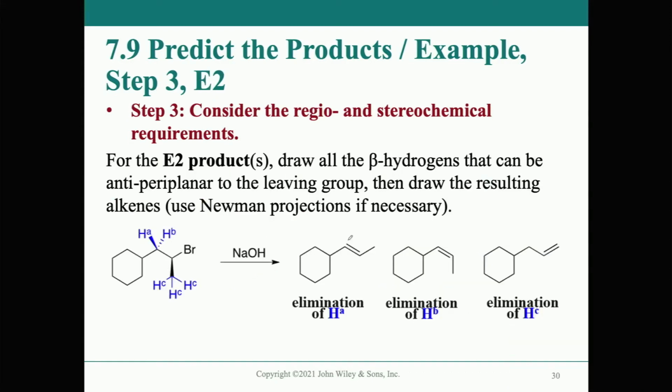Now let's consider the regio and stereochemical requirements for the E2 product. The first thing we have to do is figure out all the beta hydrogens that can be anti-periplanar to the leaving group.